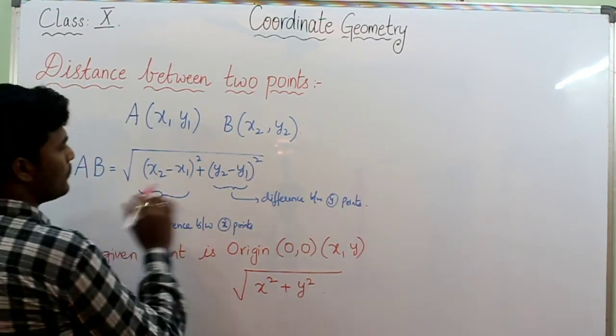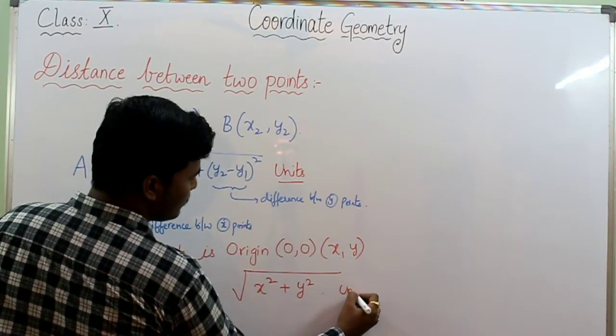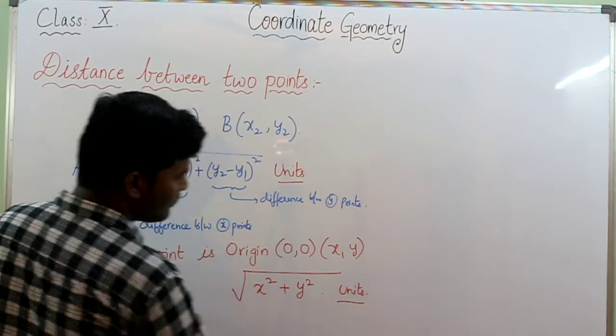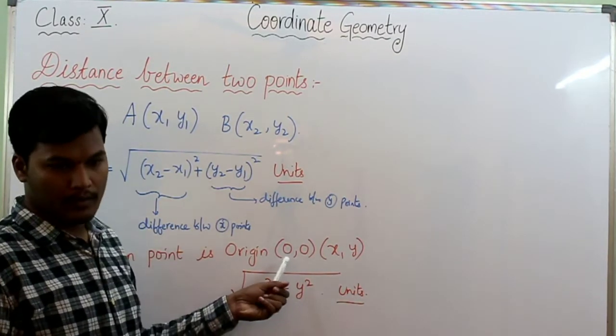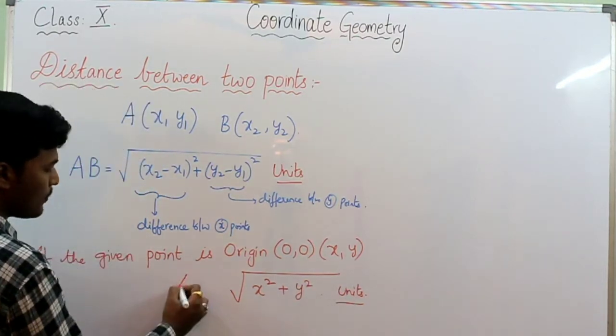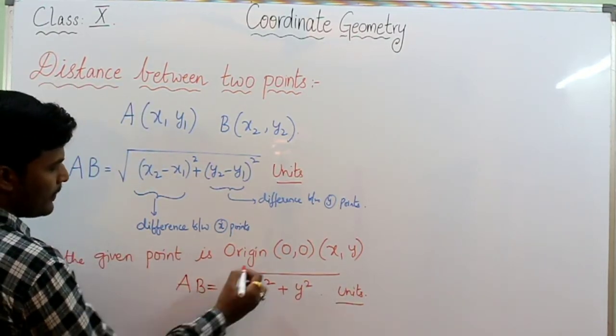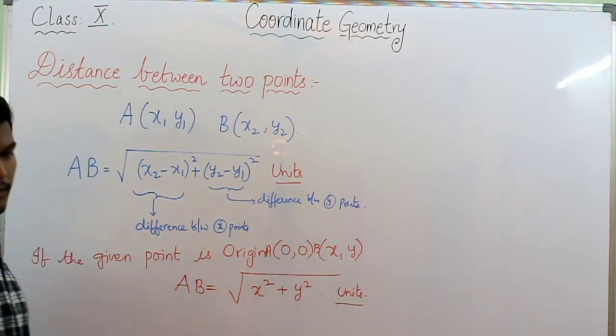Okay, so this distance will have units. So when one point is clearly given that it is origin and the other point is (x, y), then the distance between those points is given by AB equals square root of x square plus y square.